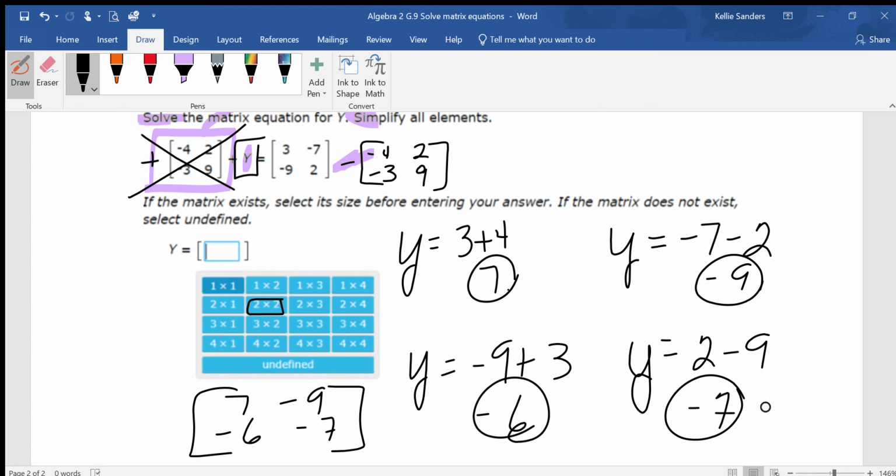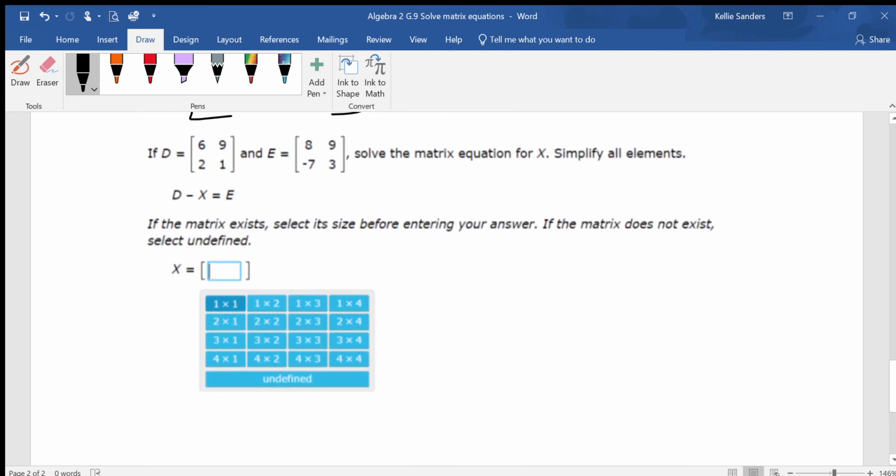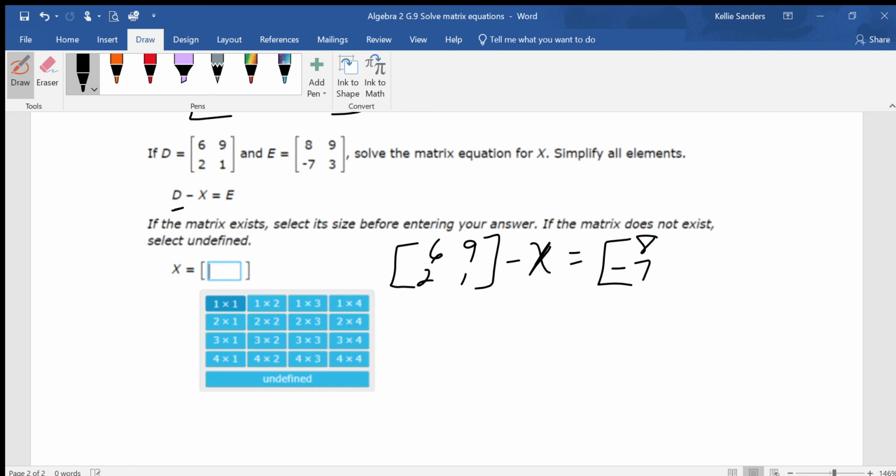Now, if you're going to do it this way, be super, super, super careful. The reason for that is, now I'm going to write this out, your D, 6 2 9 1 minus the x that we don't know equals E, 8, negative 7, 9, and 3.